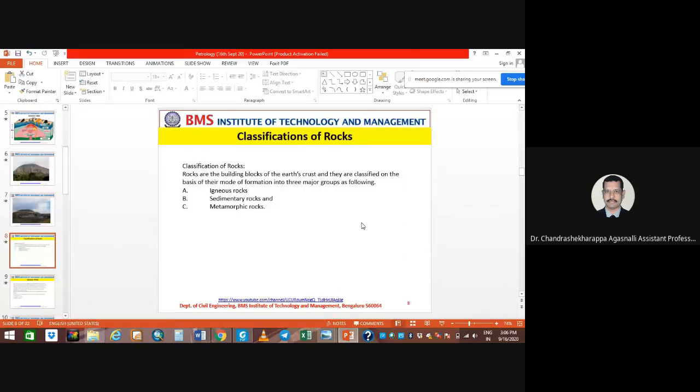So here is the classification of rocks. Generally, rocks are classified in a broad classification called igneous rocks, sedimentary, and metamorphic rocks. As we discussed, igneous rocks are the first formed rock, formed by the solidification and cooling of magma.